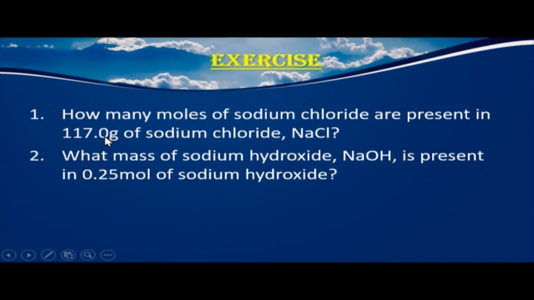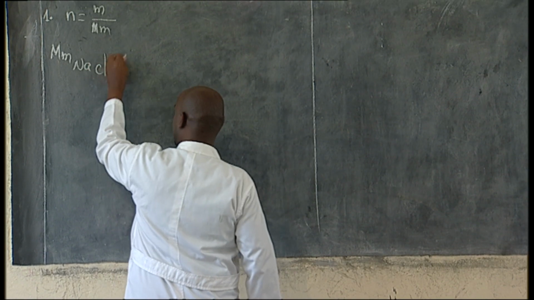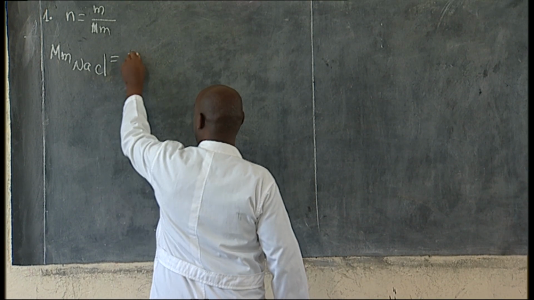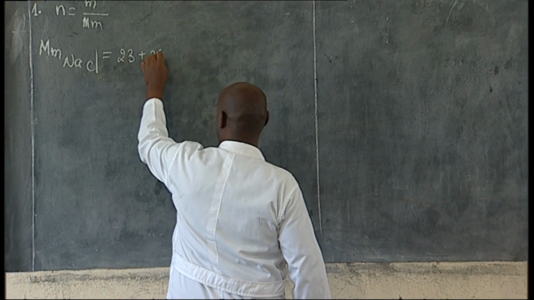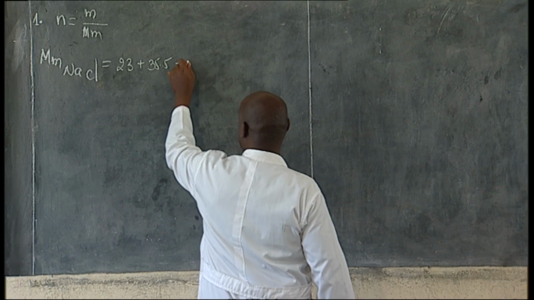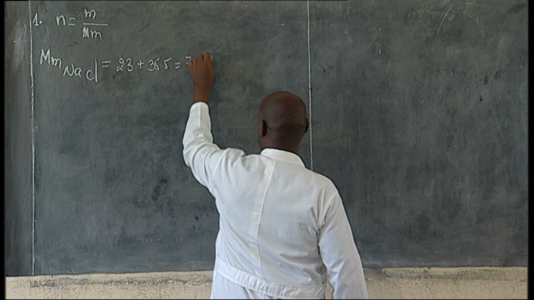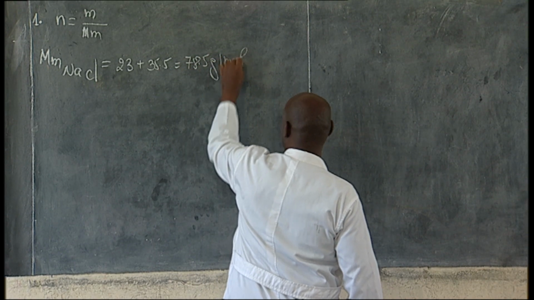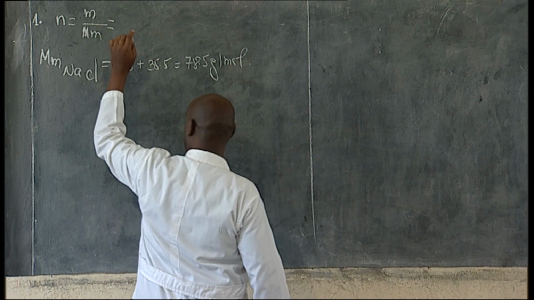So to get this molar mass, MM, we have to sum up the masses of sodium and chlorine. We read this on the periodic table, and molar mass of sodium chloride will be given by 23 plus 35.5, and we get 58.5 grams per mole. And we go back to the formula.